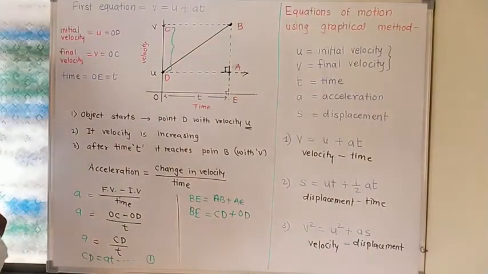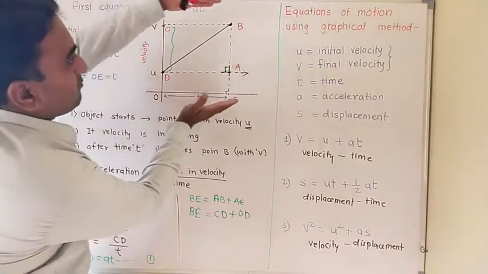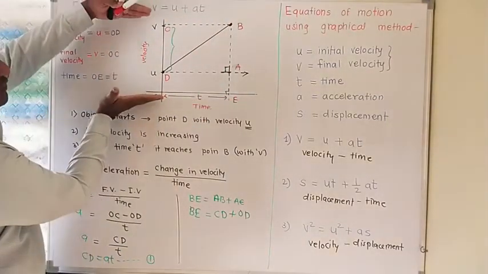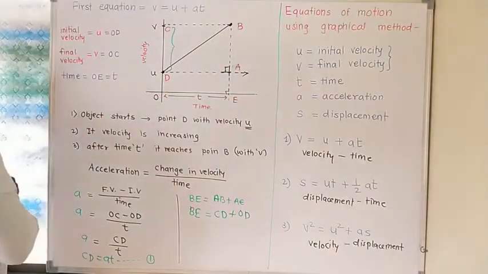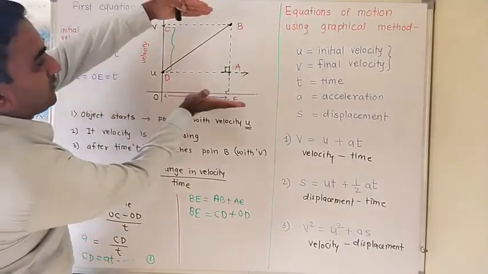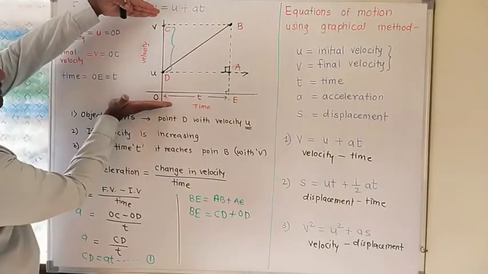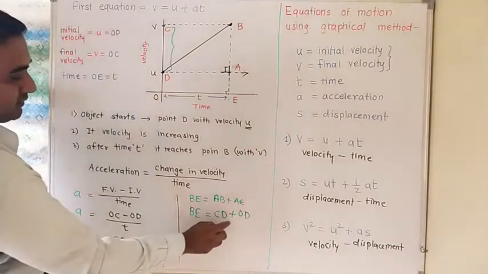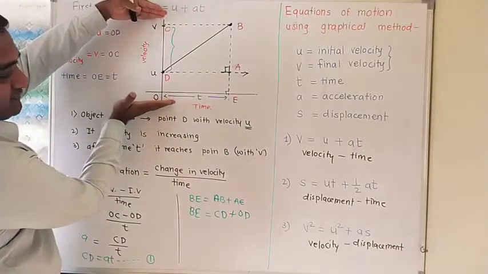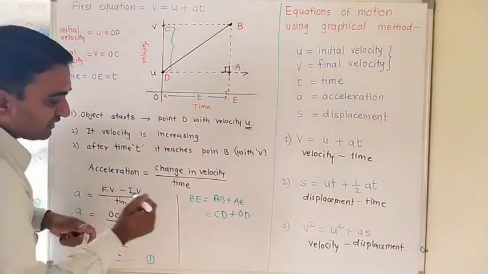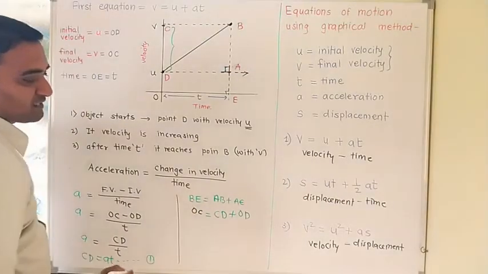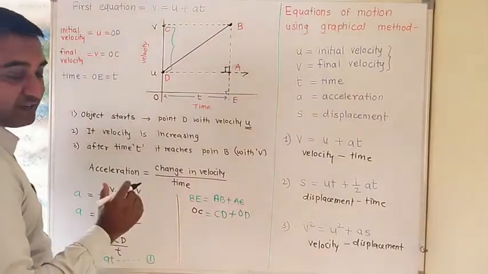Now tell me, what is BE? BE is nothing but OC. So shall we consider here OC? So OC is equal to CD plus OD. That equation we are getting.